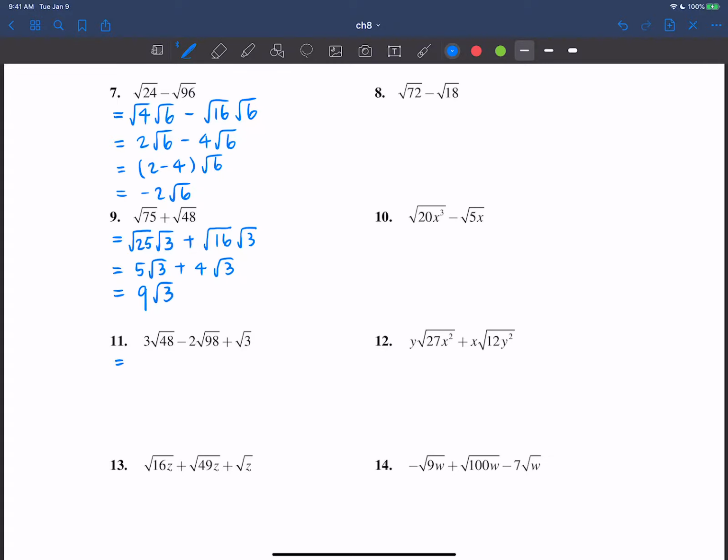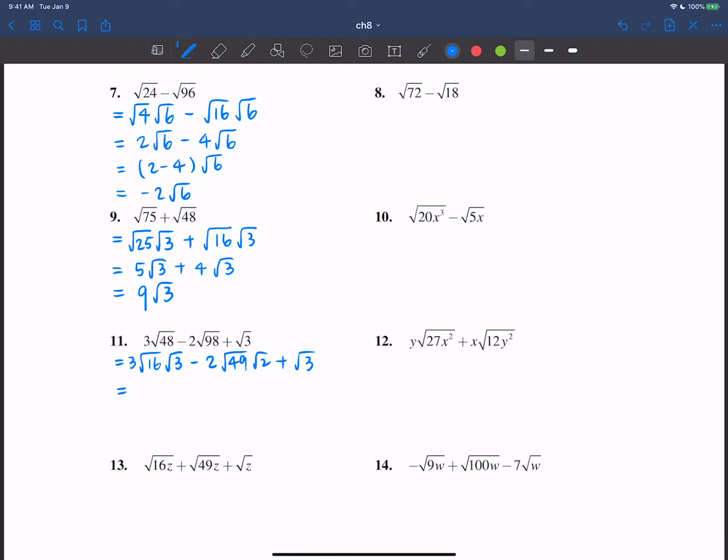Number 11. Simplify each of them just as before. Radical 48, I will rewrite as radical 16 times radical 3. Don't forget the 3 originally in front of radical 48. Minus 2 times radical 98. I will rewrite that as radical 49 times radical 2 plus radical 3.